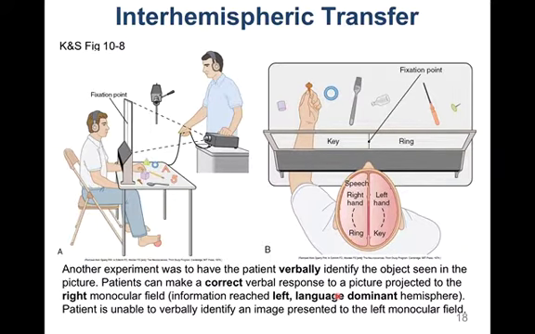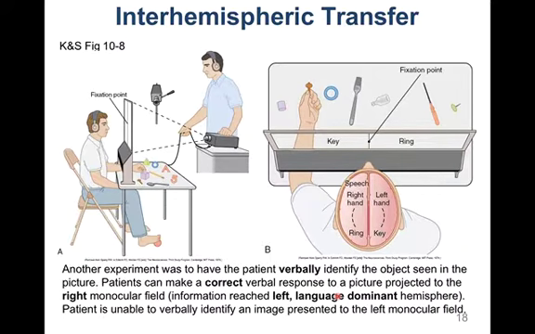So patients would be able to make a correct verbal response, key, if the picture was projected to the right monocular field, because the right monocular field projects to the left visual cortex, and there would be ipsilateral communication between the left visual cortex and Broca's.